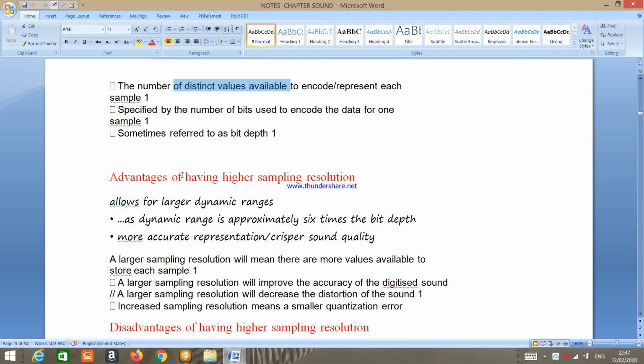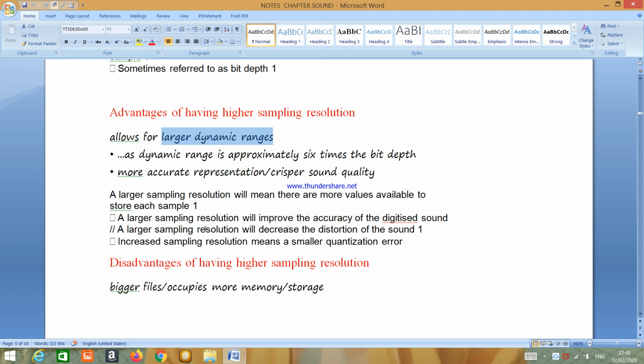What are the advantages of having higher sample resolution? It allows a larger dynamic range. Dynamic range is approximately 6 times the bit depth. It increases the accuracy of the sound representation, and the sound quality is crisper. A larger sample resolution means more values are available to encode the analog sound.